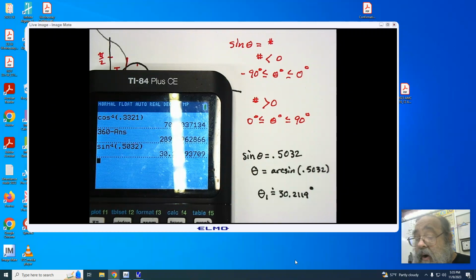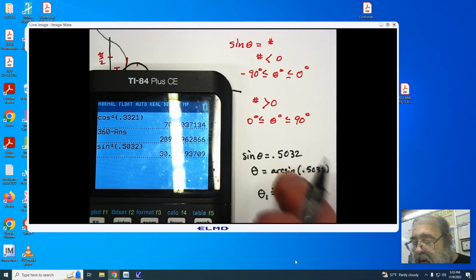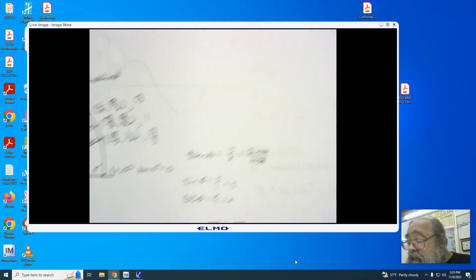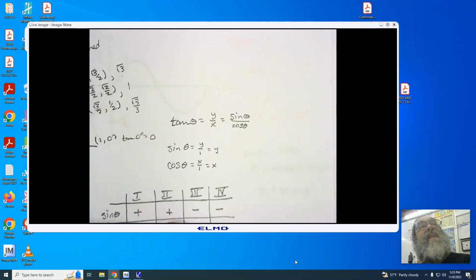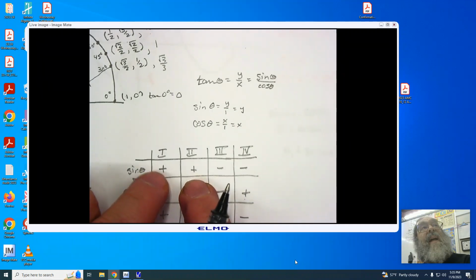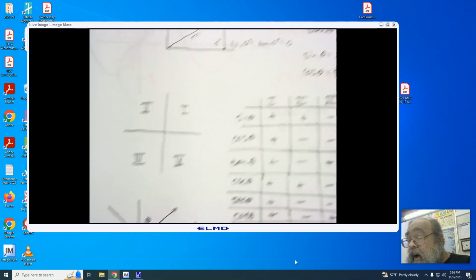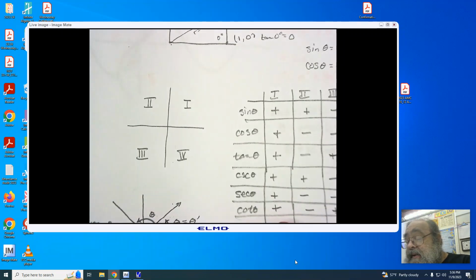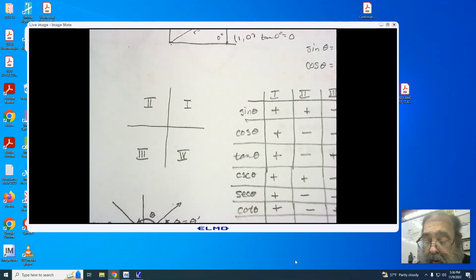We're now going to have to go into our second quadrant in order to find our second positive angle. Once again, sine is positive in the first and second quadrant. The second quadrant uses 180 minus theta equals theta prime. And if we move things around, we have, after all, our theta prime.